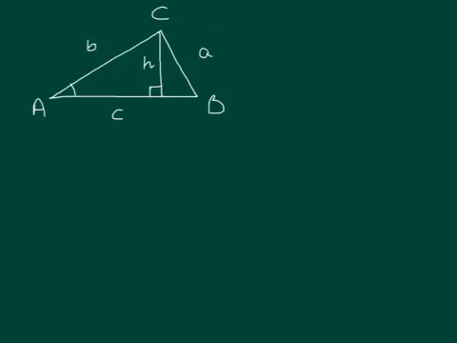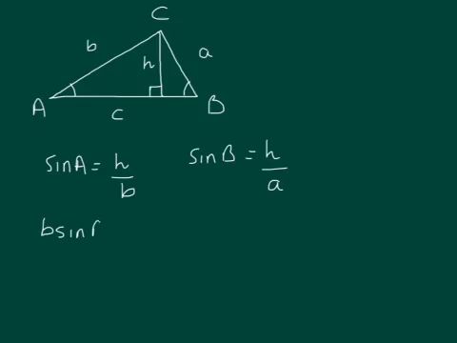This will give us sine A equals H over B, and sine B equals H over A. If we then rearrange these, we get B sine A equals H, and A sine B equals H.